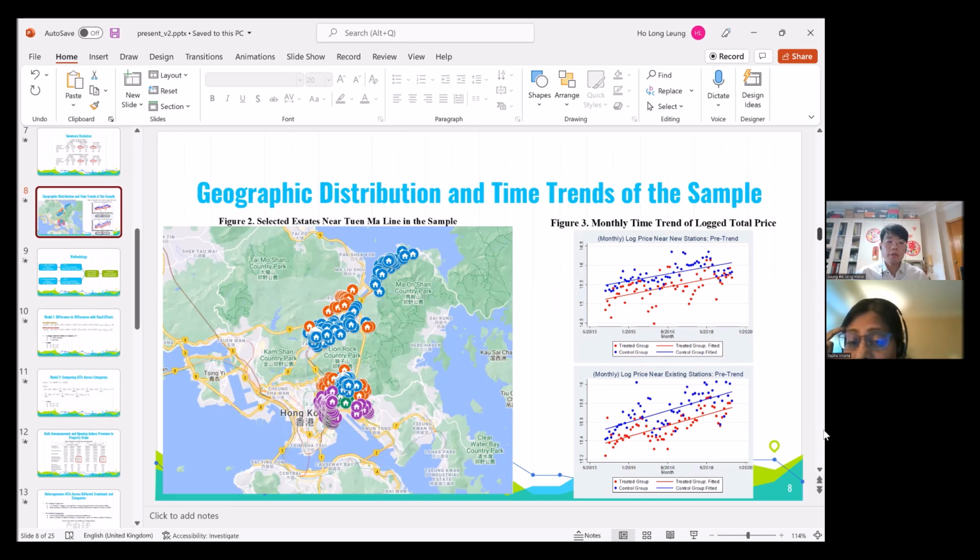However, my rationale is that although they still have the convenience of other lines, they don't have the convenience of the Tuen Ma line, and the difference is about looking at the change after the treatment. So I expected that the control group shouldn't change after the opening of the Tuen Ma line, since it does not affect them at all.